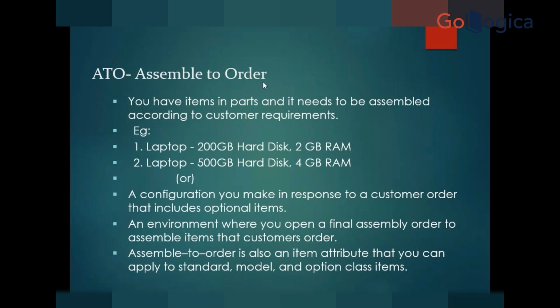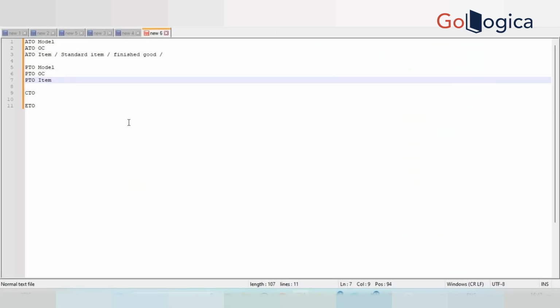When you buy some mobile on Amazon, they directly give the configurations, 4 GB RAM, 64 GB memory, and so on. Whenever you purchase it, you will get it as an assembled unit only, completely the phone, and not as a separate part. So that's nothing but an ATO thing.